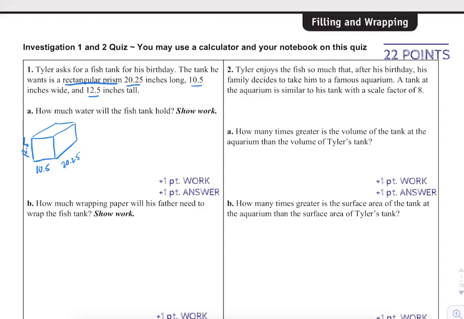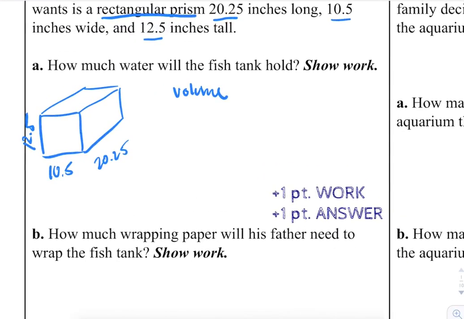Okay. To find volume of a rectangular prism, volume is equal to area of base times height. In this case, area of base can be calculated with a rectangular prism as length times width, and then we multiply it by height.